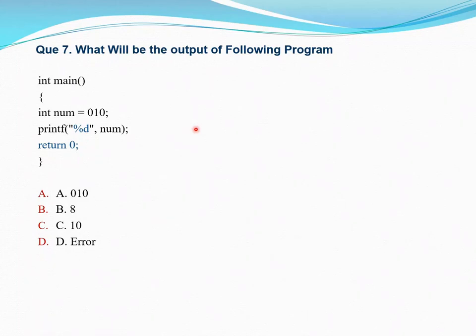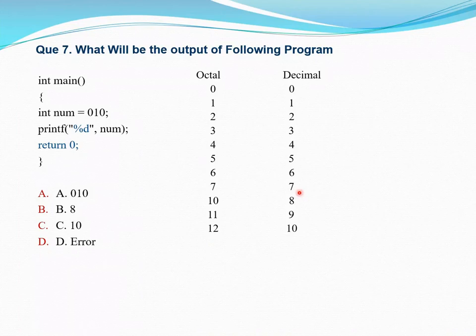For that we will see two number systems, octal and decimal. In day-to-day life we use the decimal number system, which has the digits from 0 to 9. Total 10 digits are there in the decimal number system, but in the octal number system there are only 8 digits, from 0 to 7.